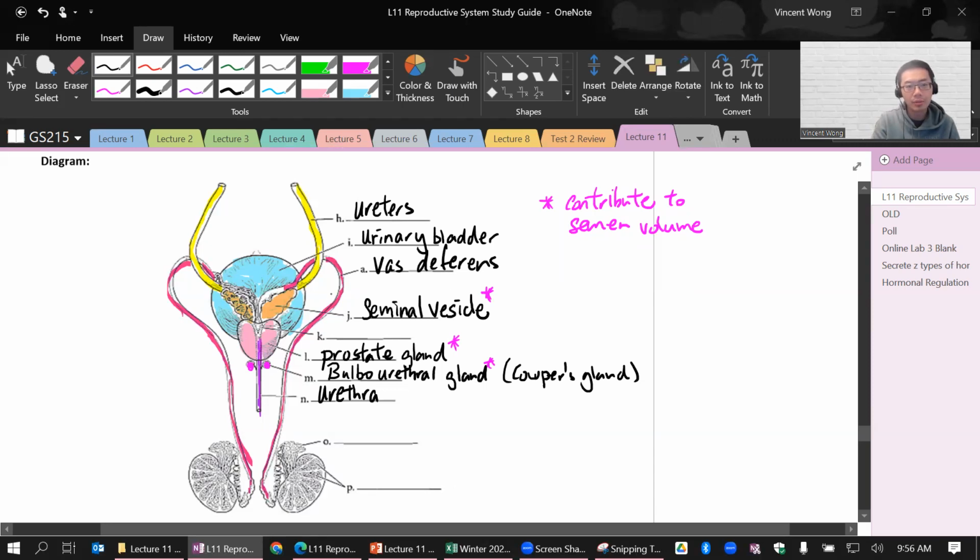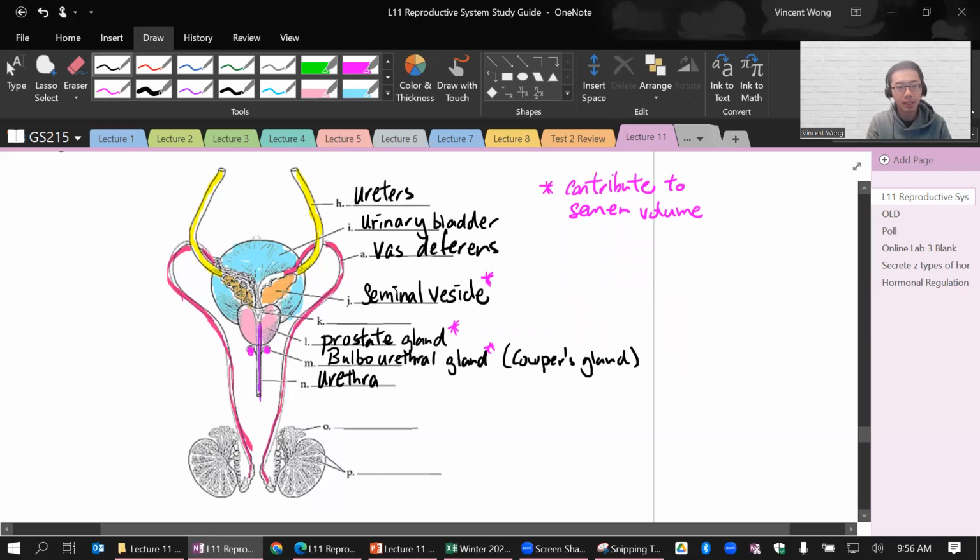A man can choose to have a vasectomy, where they would cut the vas deferens, and they basically will have no sperm in the semen. That's a procedure that can be done if they don't want to have babies.